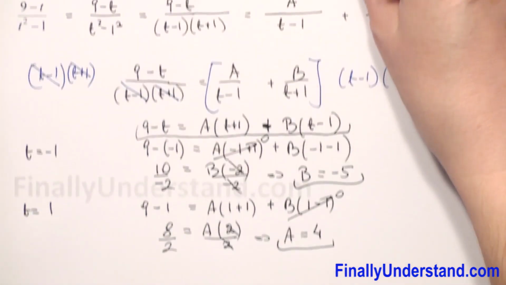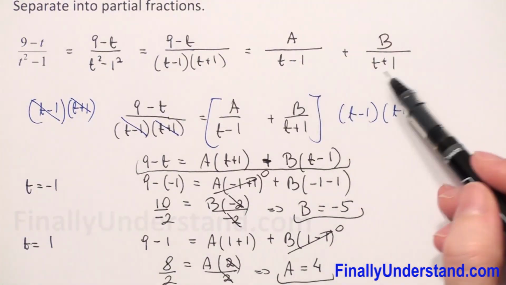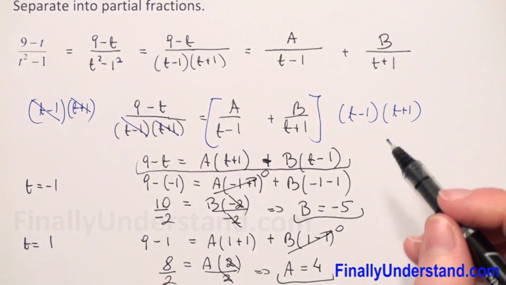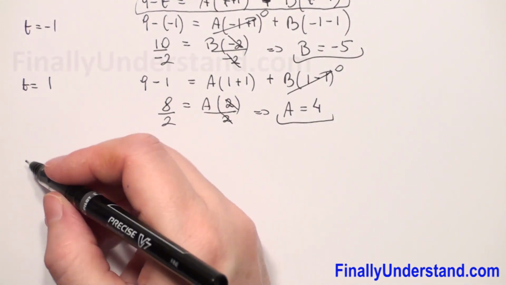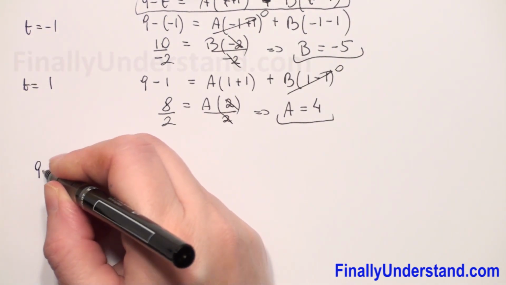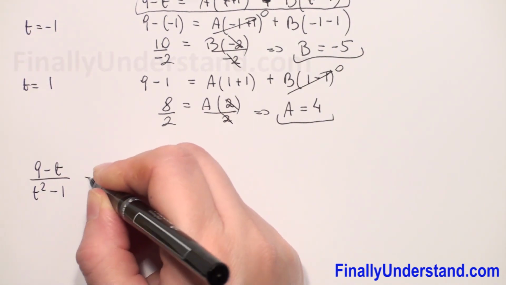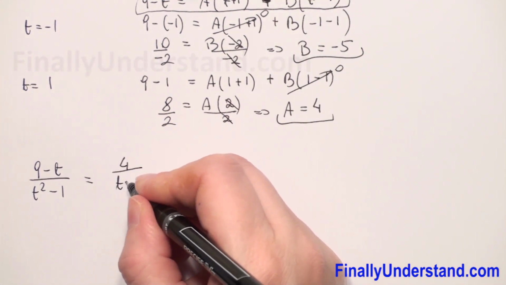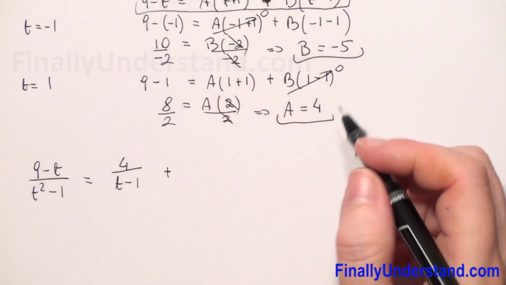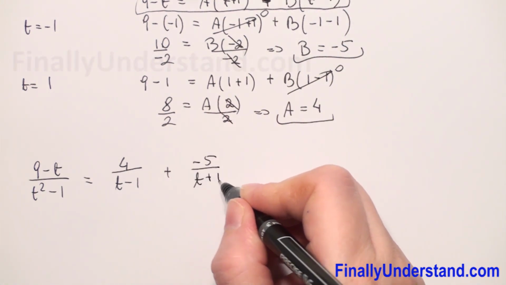So now we can come back to our partial fractions, and let me copy this example one more time. The original fraction is 9 minus t over t squared minus 1. This is equal to a, which is 4, over the denominator t minus 1, plus b, which is negative 5, over the denominator t plus 1.